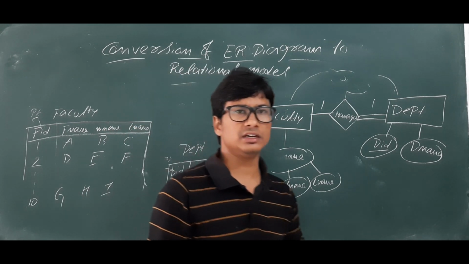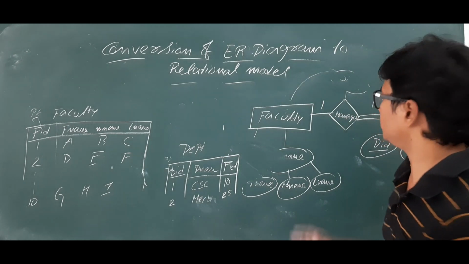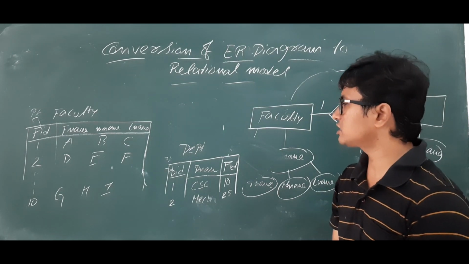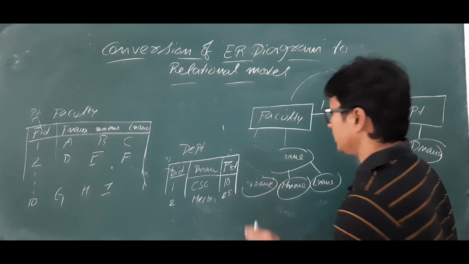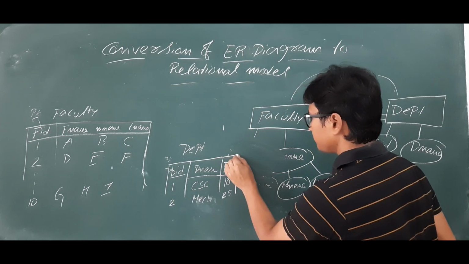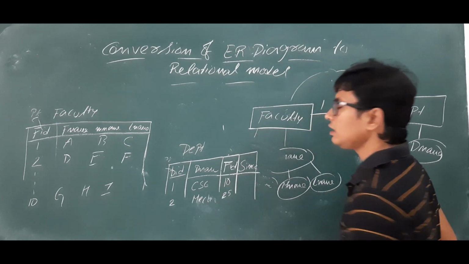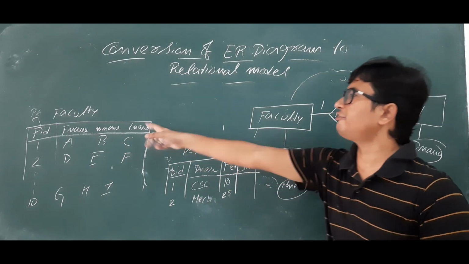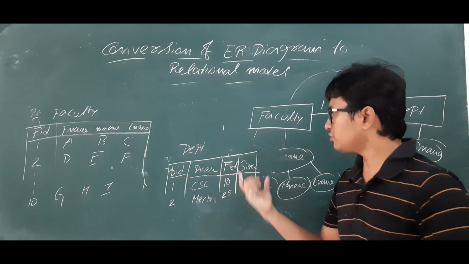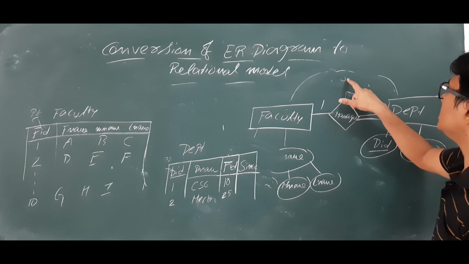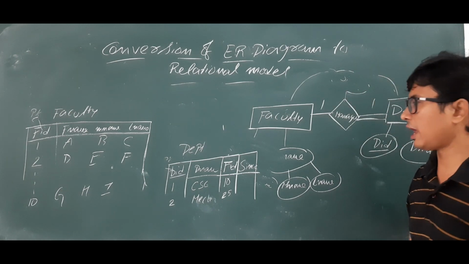Now the case is, to which entity can I shift? You can shift to anyone, but as a better designer, where should I shift? I will shift here, means I will keep it in the department table. Why not in the faculty table? We will discuss. First we will discuss if I keep it in the department table, meaning if I am shifting the since to the department table, what will happen?